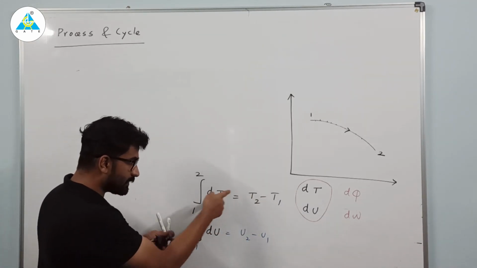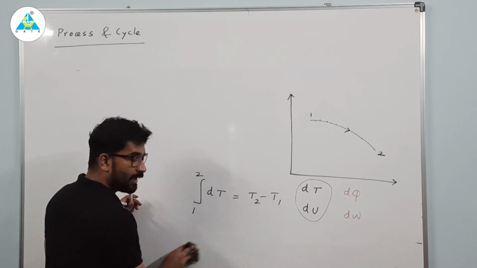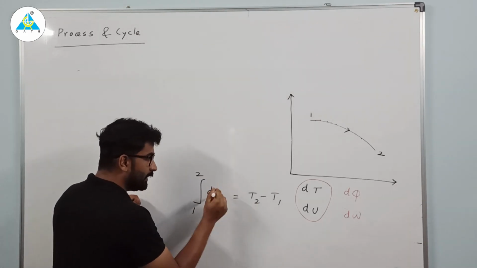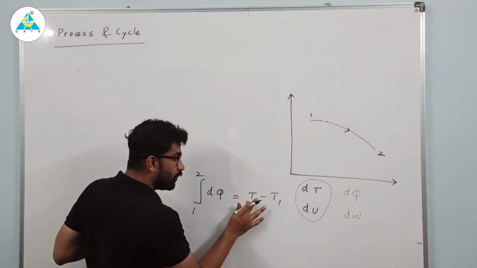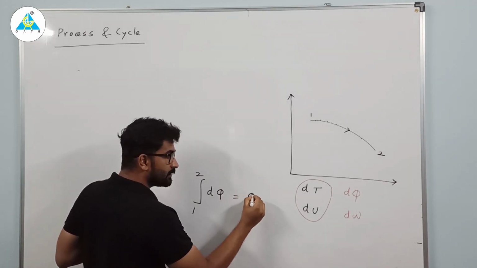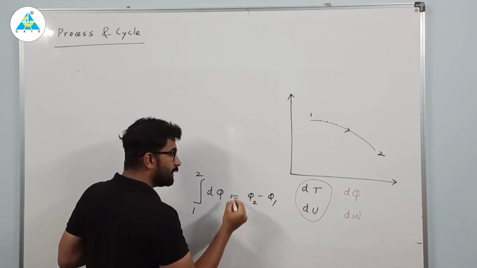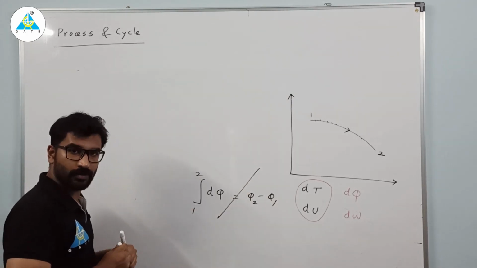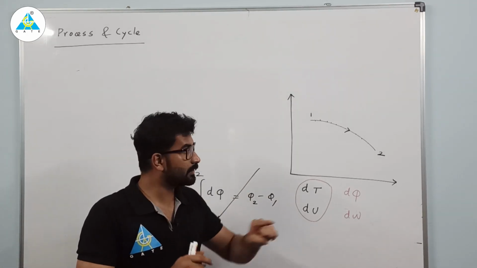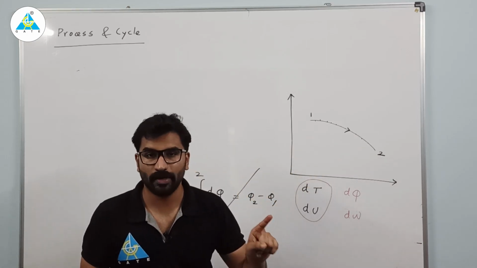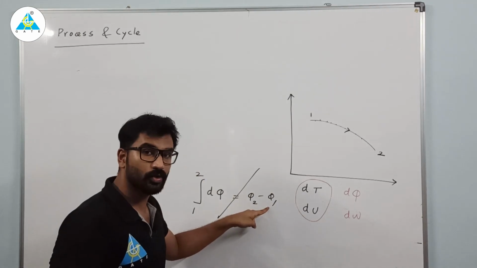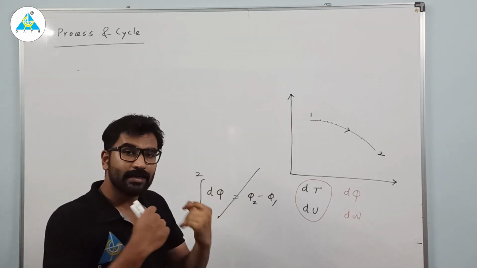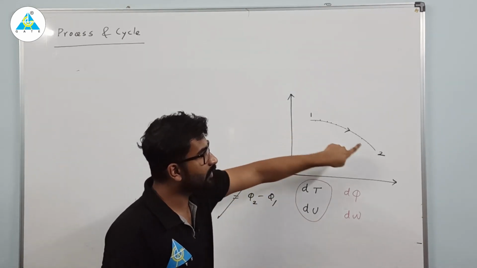If I apply the same logic here, if I write dQ, that is heat transfer from 1 to 2, and I write it is Q2 minus Q1, this statement is wrong, because there is no concept of heat at a particular point. It is not a point function, right? There is no concept of Q1 at that particular point. It is the heat transferred between 1 and 2.